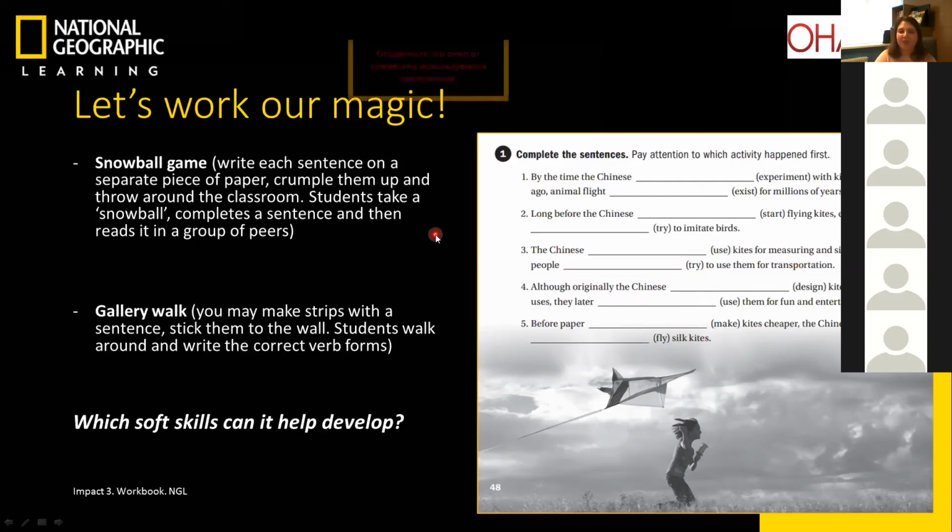So looking at these two suggested activities, what do you think? Which soft skills can they help develop? Can it help our students develop their teamwork skills?